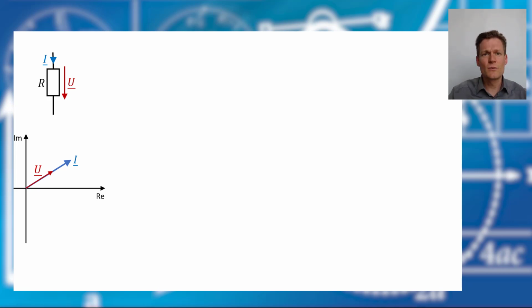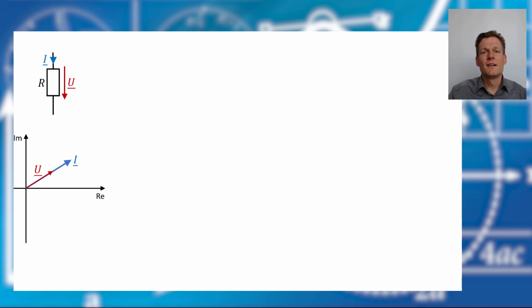And here this would lead to a phase angle of nearly 90 degrees, but our active power should have the phase angle of 0 degrees. And therefore we use a trick for the definition.